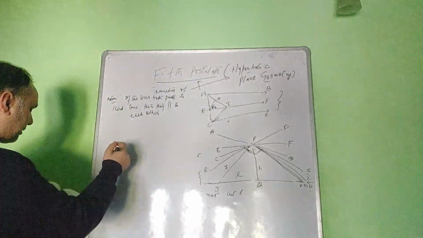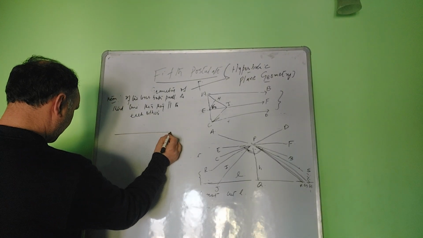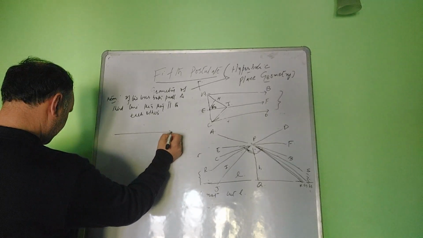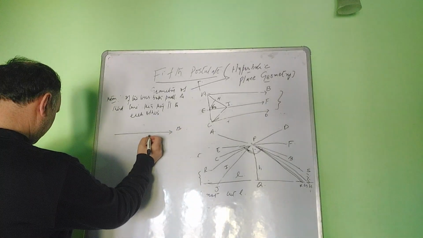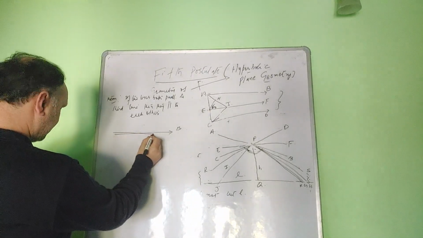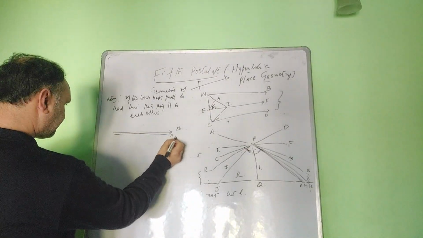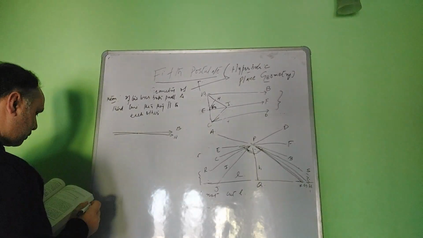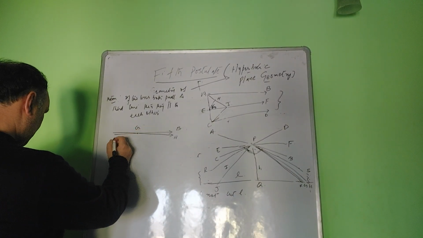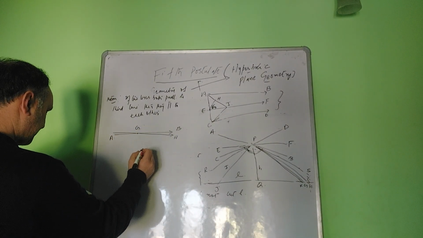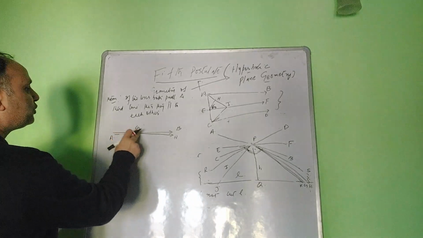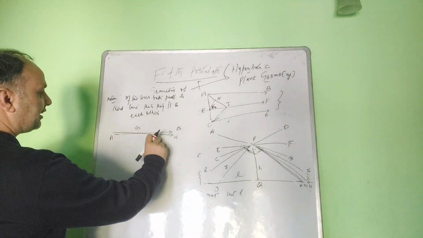If you try to imagine it diagrammatically, you assume a line AB, and you assume that there is another line GH through G. You cannot assume that this is a line which is intersecting it.